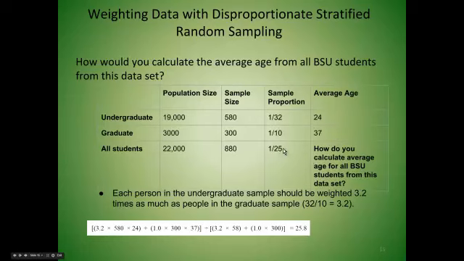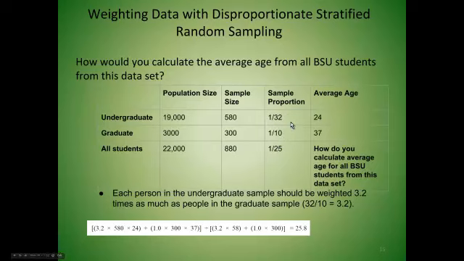Now, if you want to calculate the average age for all Boise State students from this sample, couldn't we just take the average age from the 880 people in our sample? And the answer is no, we cannot, because we have deliberately oversampled from the smaller graduate student group. In our sample of graduate students, each person represents 10 people, whereas for undergraduate students, each person in the sample represents 32 people in the population.